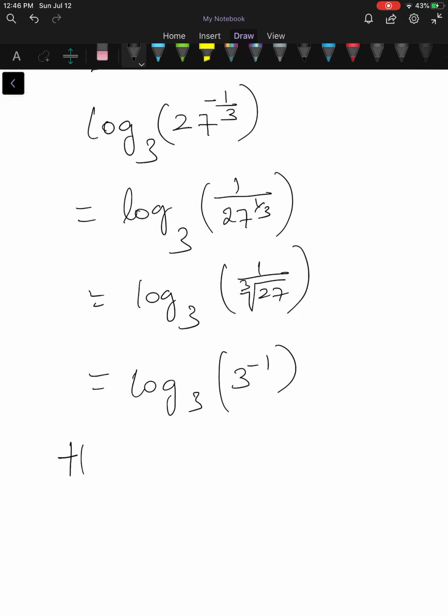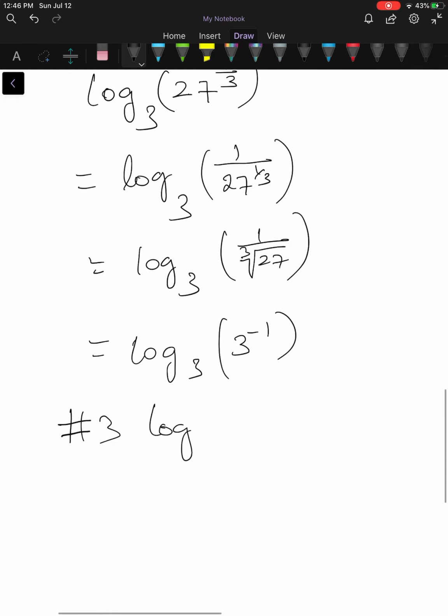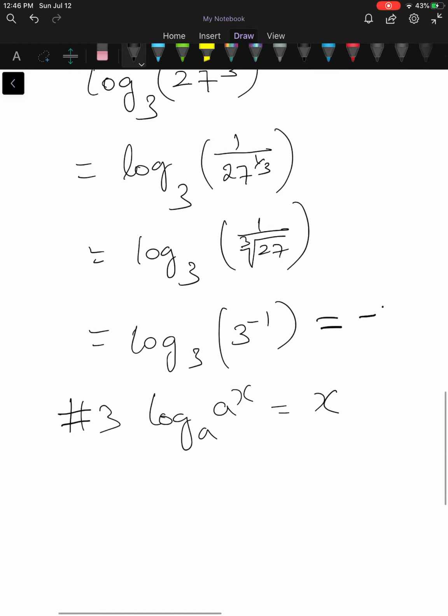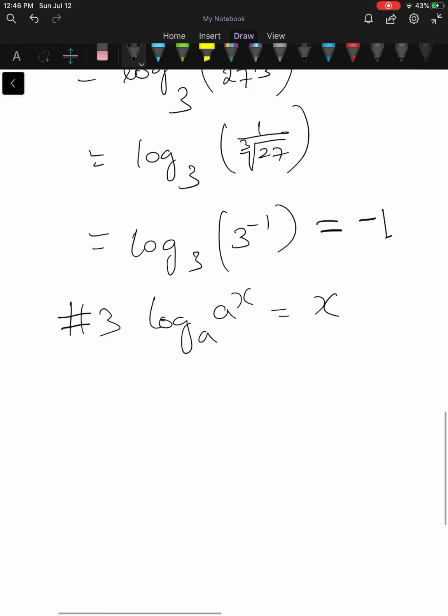So this would be 3 to the power of negative 1. So again applying property number 3 that you learnt in the section 4.3 part 1 video, that is log to the base a of a power x is equal to x. So we get this equal to negative 1.